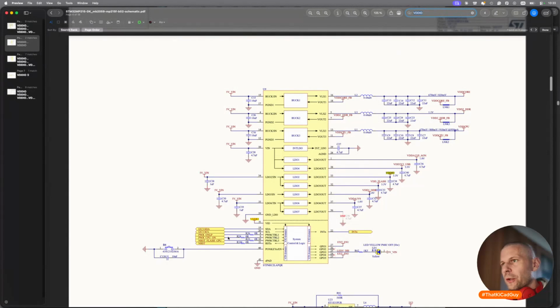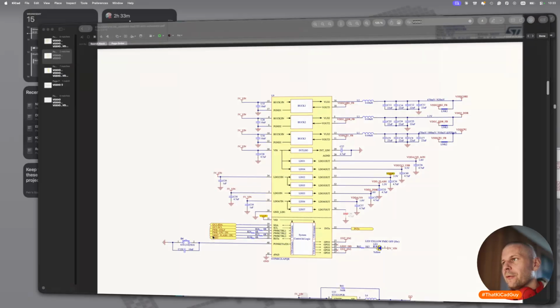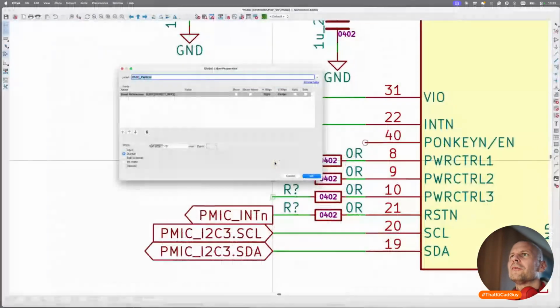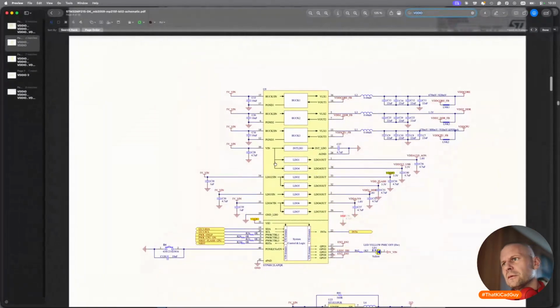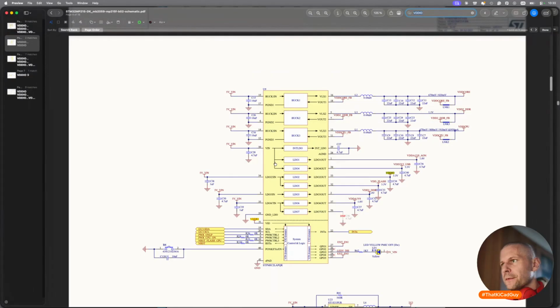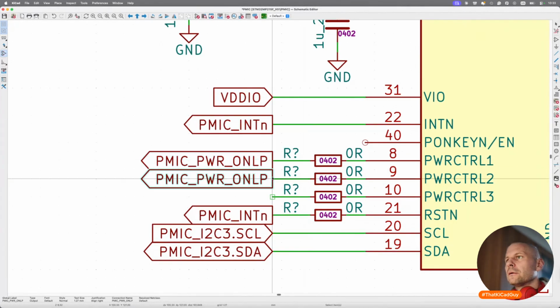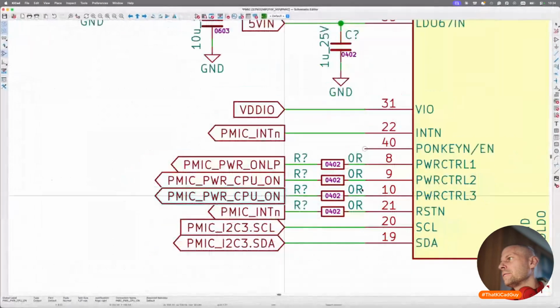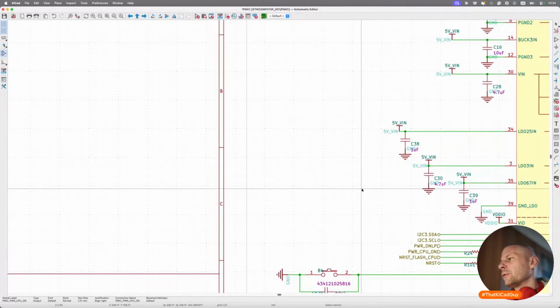So power control 1 is power on LP. This control 2 is power CPU underscore on, and the third one is, yeah, I could even copy this.